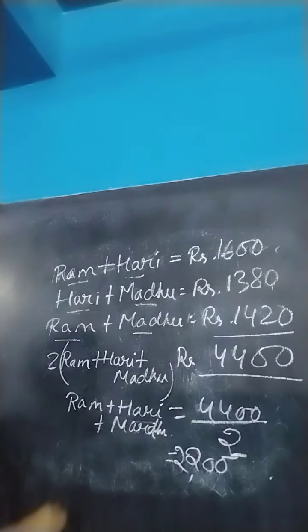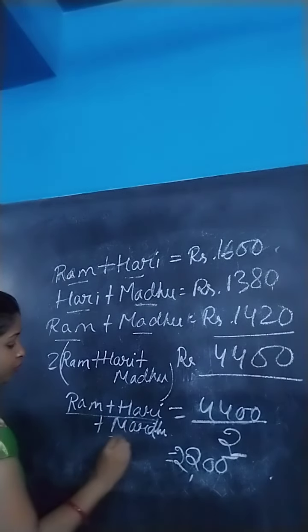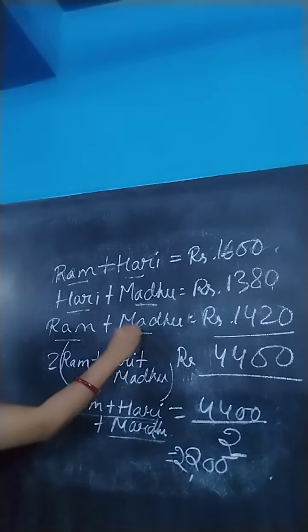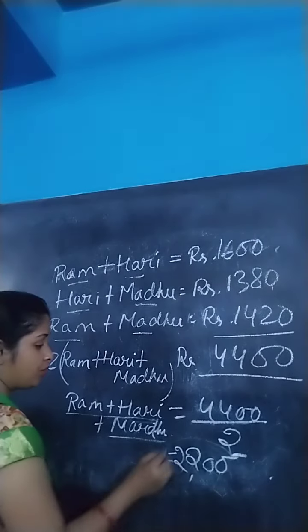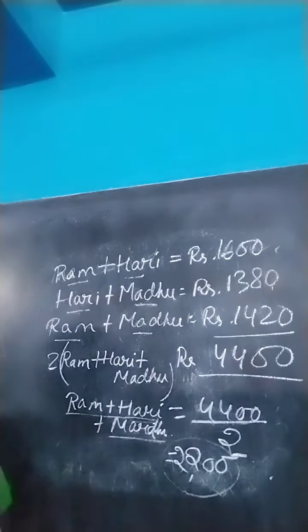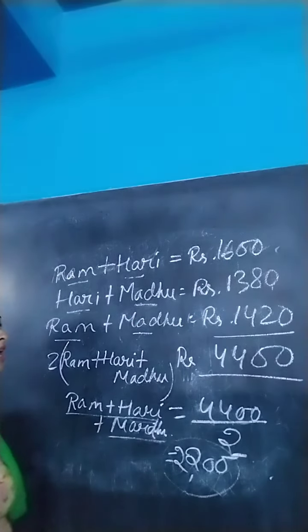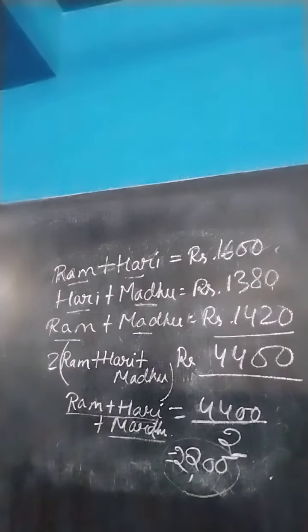If I subtract Ram and Madhu, I am going to get the entire amount of Hari. Thus I can find out the remaining one's amount.